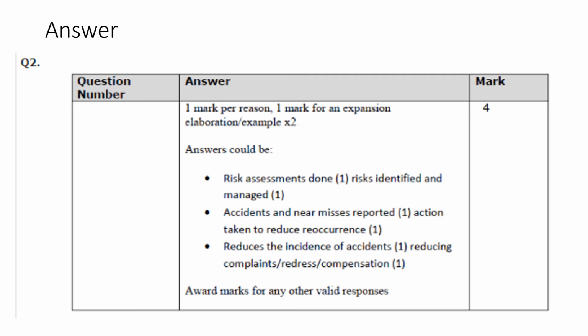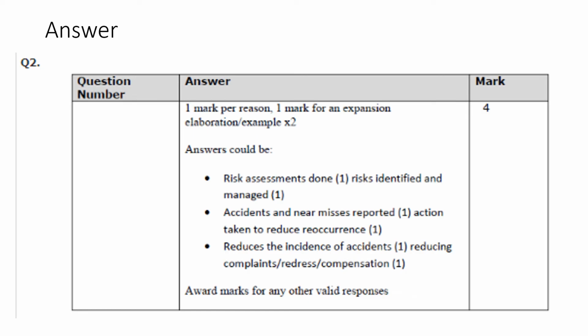So if you think about that one, risk assessment should be done and risks identified and managed included in the health and safety policy, which if you think about it, is common sense. You're actually thinking about the health and safety through a risk assessment.